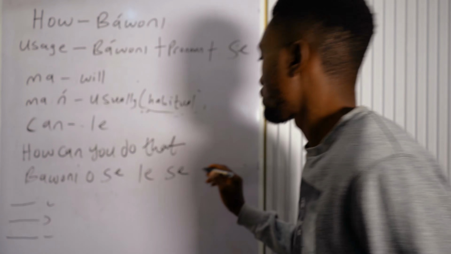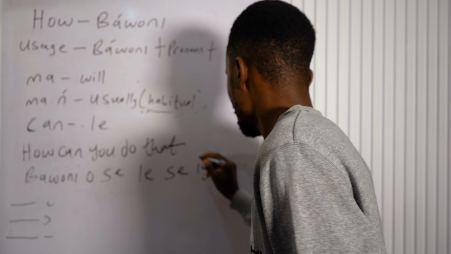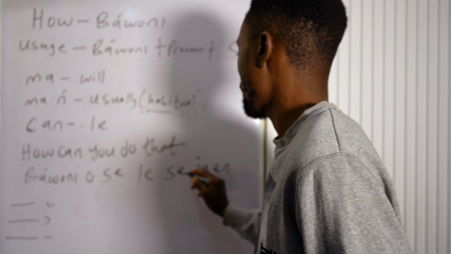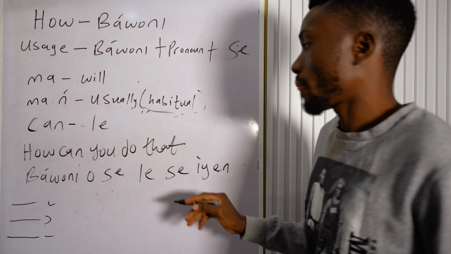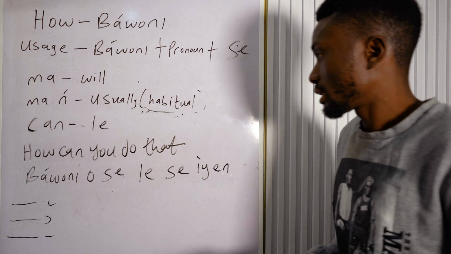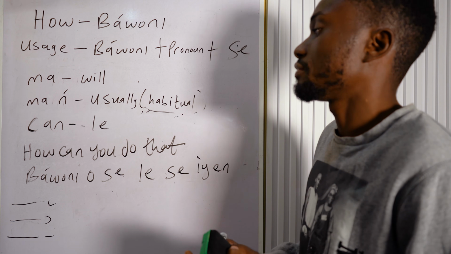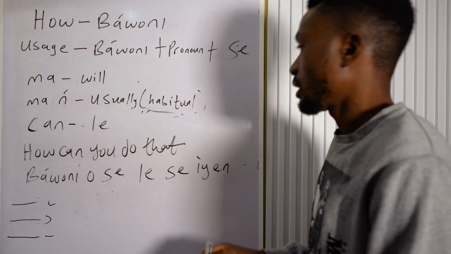Ṣe is do. Ìyẹn báwo ni o ṣe lè ṣe yẹn? Báwo ni o ṣe lè ṣe ìyẹn? How can you do that? So that's just can. If it is a question of can, it will be báwo ni o ṣe and then le. How can you do that?